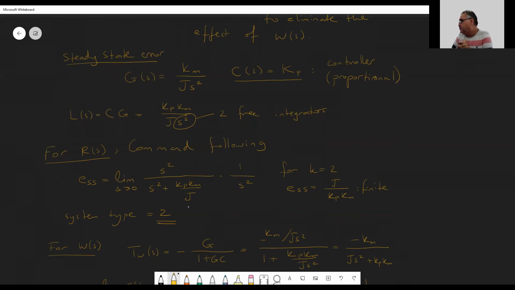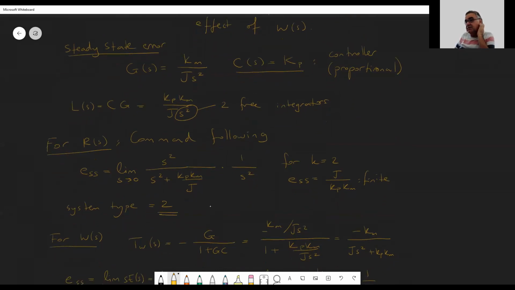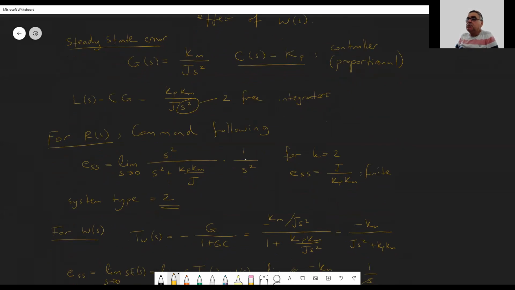But for ramp input, it gives 0 steady state error. For step inputs, it gives 0 steady state error. It gives steady state error only for parabolic inputs, so system type is 2. It has 2 free integrators. 2 free integrators comes from the fact that the system has a free inertia.